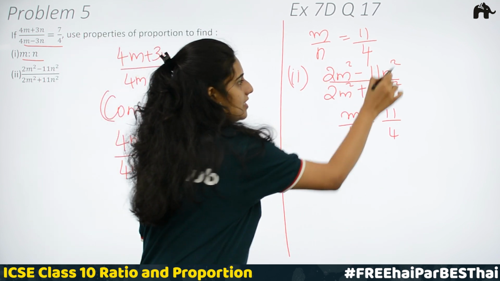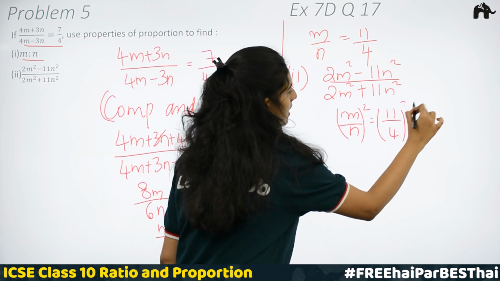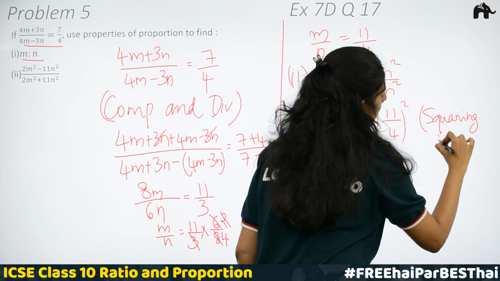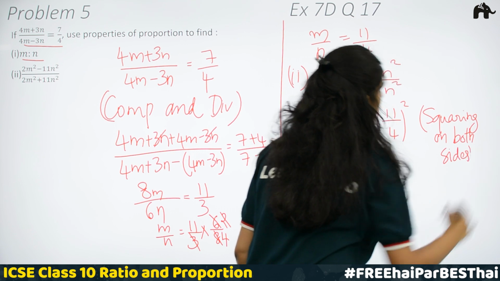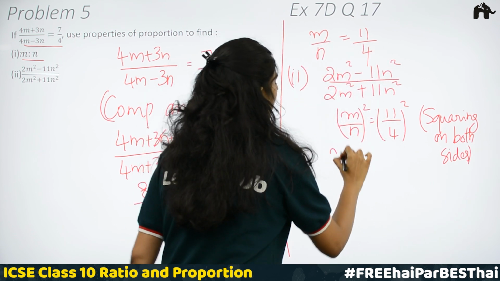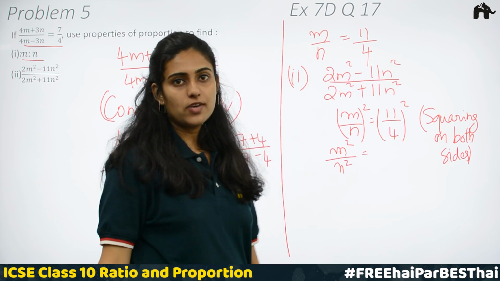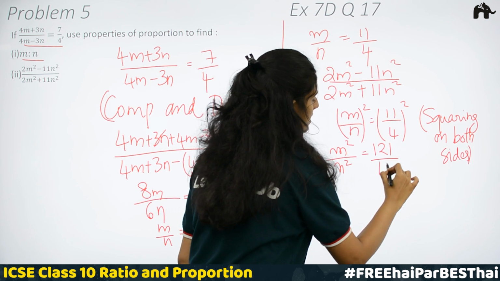Here we have squares. For that, we need to square on both sides. Squaring on both sides, we'll be getting m square by n square is equal to, what is 11 square? 121. 121 divided by 4 square is 16.